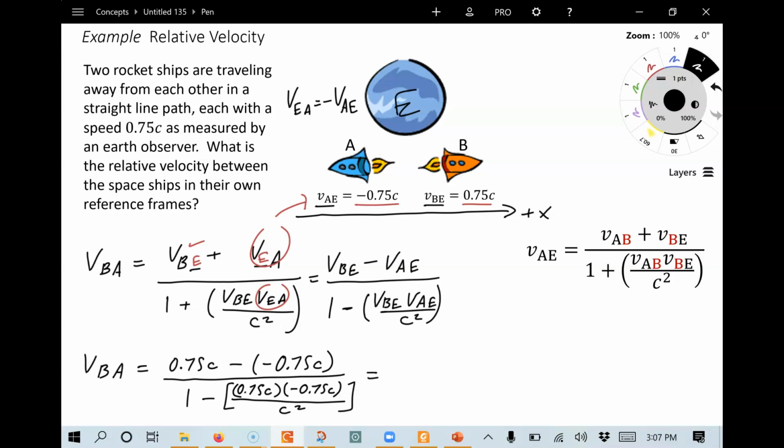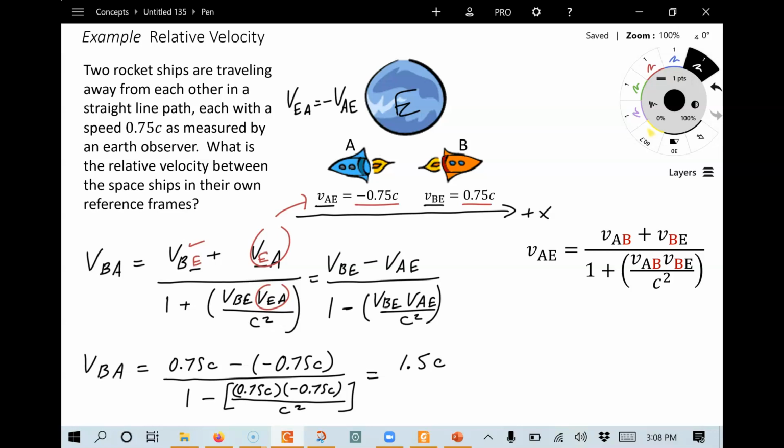And notice in the top, this is what Galileo's result would give you. A negative negative becomes a positive. It's going to say 1.5 times the speed of light. So Galileo would say that ship A is viewing the speed of B to be plus 1.5 c.